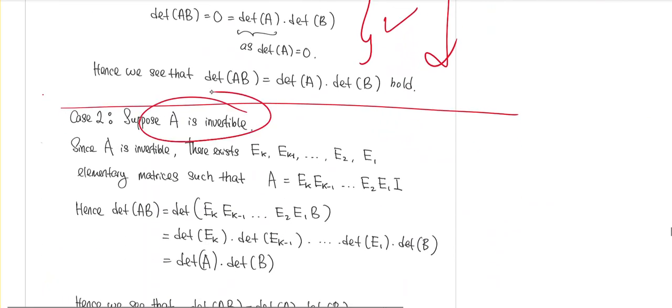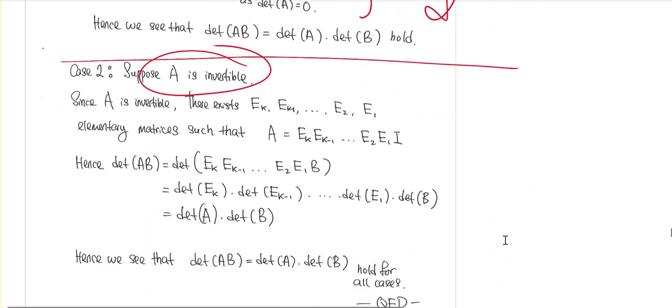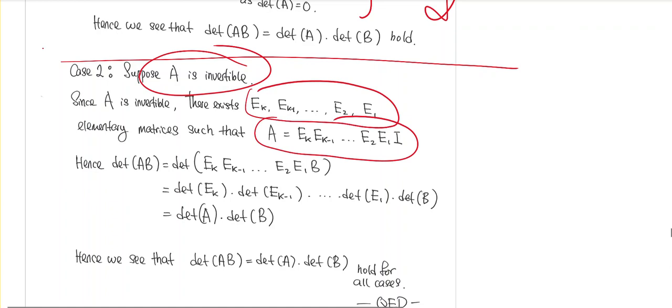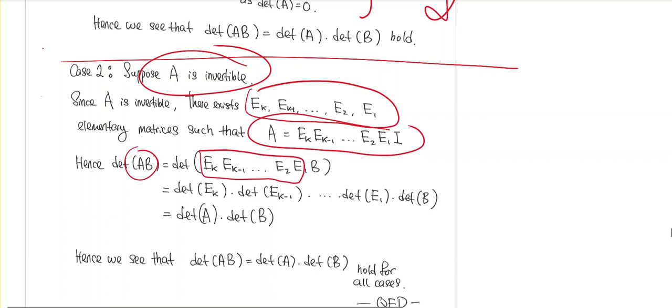For invertible, what happens? Same thing as before. There exist elementary matrices such that you can row reduce A to I. That's what it says right here. Now if you try to compute the determinant of AB, instead of writing out A, you write this product.